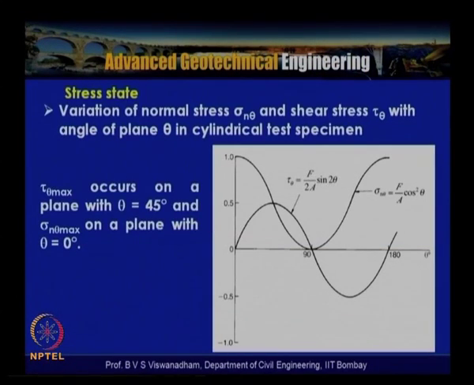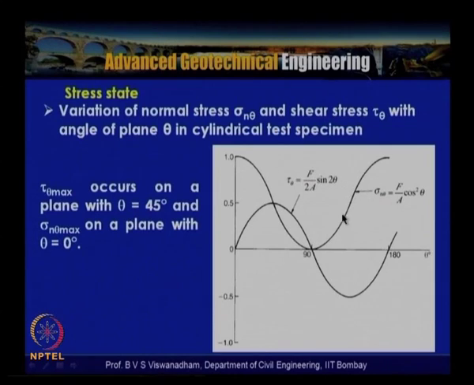This variation of the normal stress sigma n theta and the shear stress tau theta with the angle of the plane theta in a cylindrical test specimen is plotted here, and this is the normalized normal stress. You can see that sigma n theta is maximum at theta equal to 0, where the normalized value is equal to 1, and it is 0 at 90 degrees, and subsequently it is maximum again at 180 degrees.